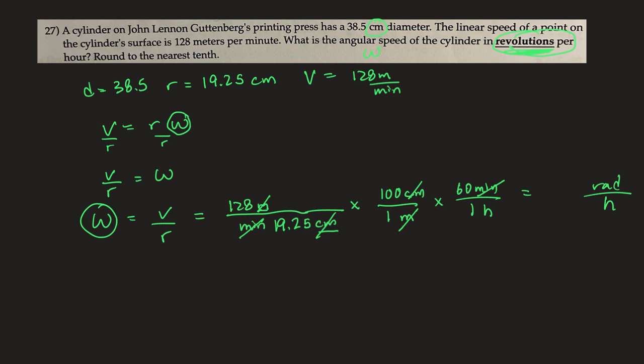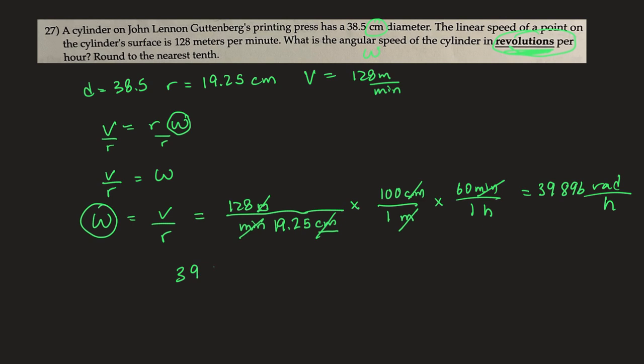So 128 times 100 times 60. Okay, divided by 19.25. Okay, that comes to 39,896 and change radians per hour.